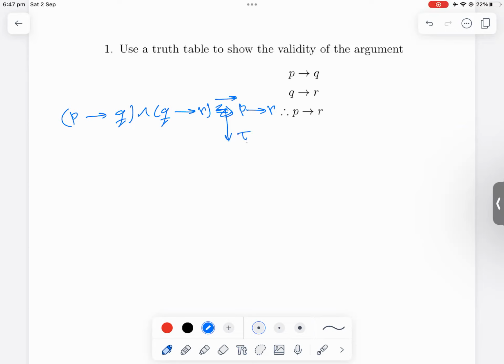in the truth table, all of the values are true.